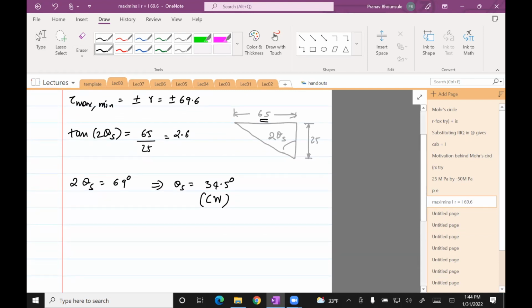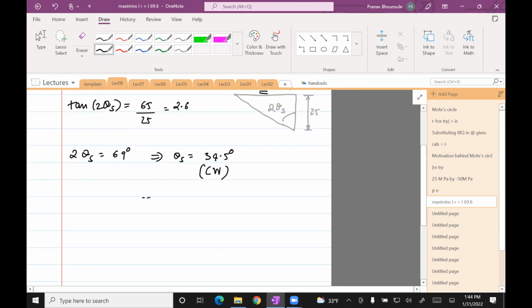Okay, so let's draw the original element. And then we need to turn this element by 34.5 degrees in the clockwise direction.